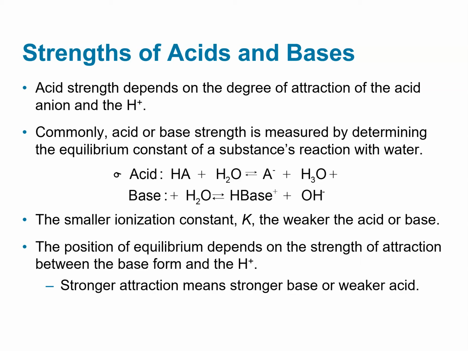And the more this reaction shifts towards products, the stronger the acid. We can also say the larger the K is, remember from last chapter, K describes the ratio of products to reactants. It's going to favor products, which means the acid reacted favorably.